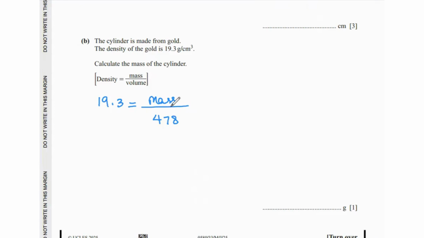So we just multiply the two. And that's going to give us the mass of the cylinder, which is going to be 9,225.4 grams. Simple as that.